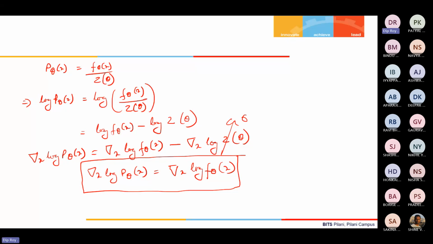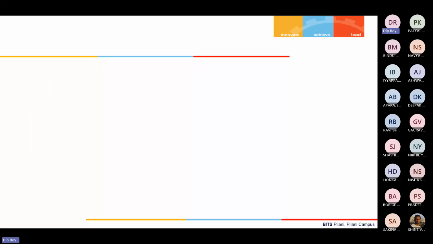And this particular term here is called the Stein score function, or simply the score function. And what does it show? It shows that if we align them everywhere, the probability distributions will be equal.